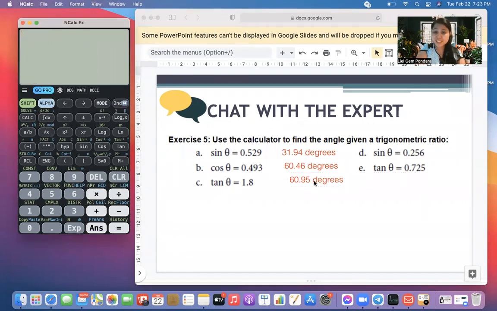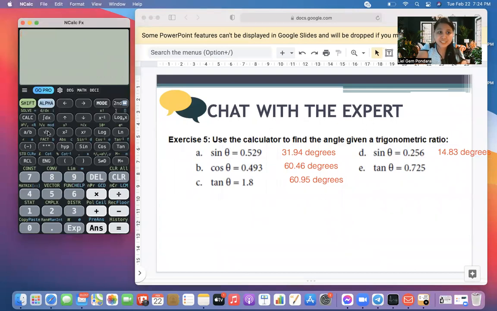Let's clear this first. Sine theta equals 0.256. Shift sine 0.256. In 2 decimal places, the answer is 14.83 degrees. Letter E, the last one. Tangent theta equals 0.725.